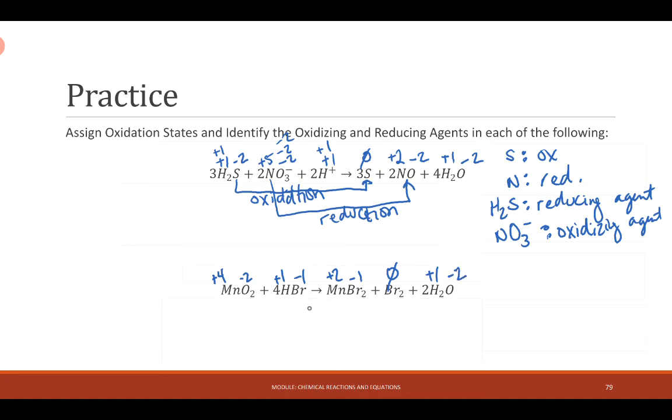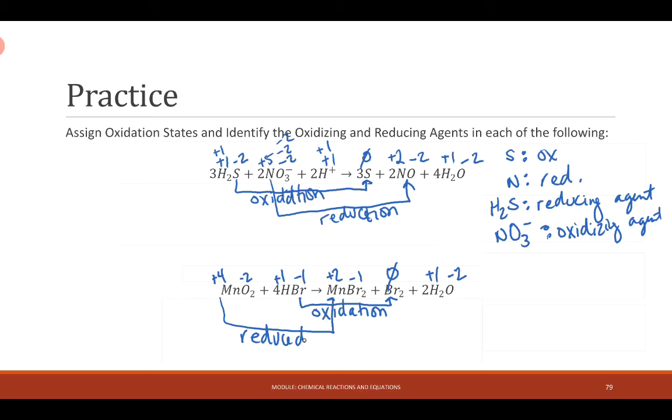So now we look to see what's changed. Bromine has changed. It's becoming more positive, and so that means it's oxidation. And then what else has changed? The manganese has changed. The manganese is reduced. So remember, oxidation and reduction always happen in pairs.